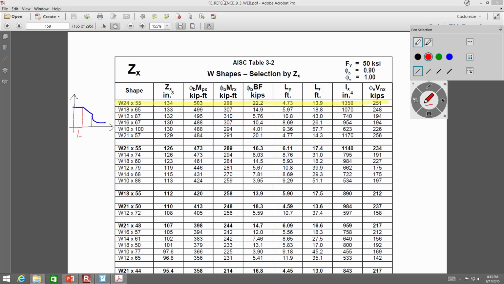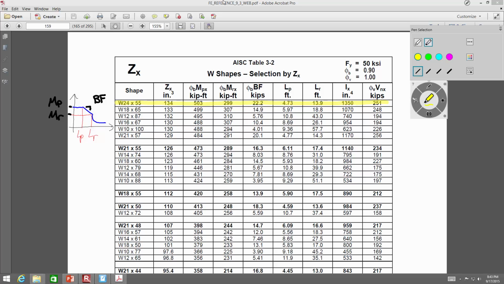Those were Lp and Lr. And then this term is MR, and that's MP. Like that one's MP, and that one's MR. Y'all remember that? And then the slope of that line right there is BF, beam factor. Been a while, right?